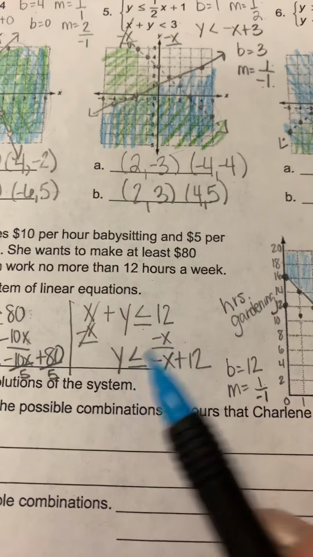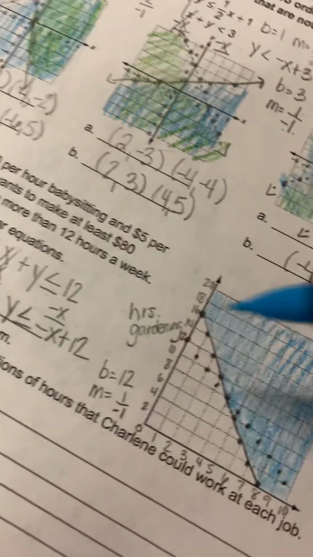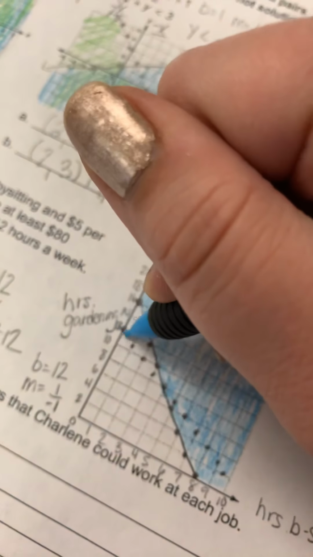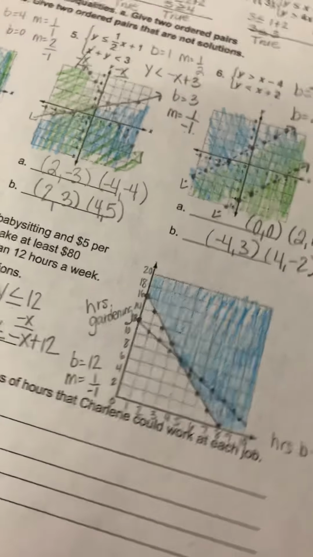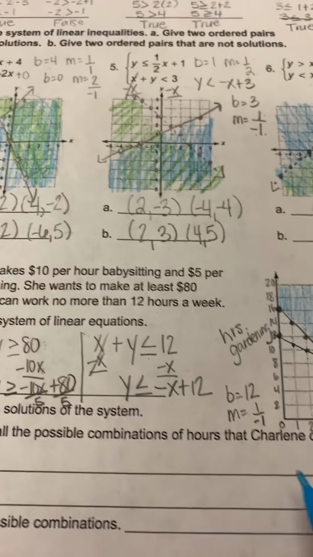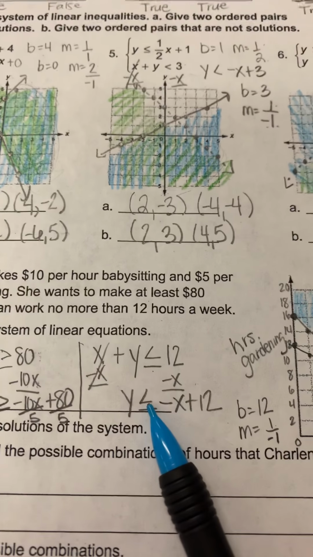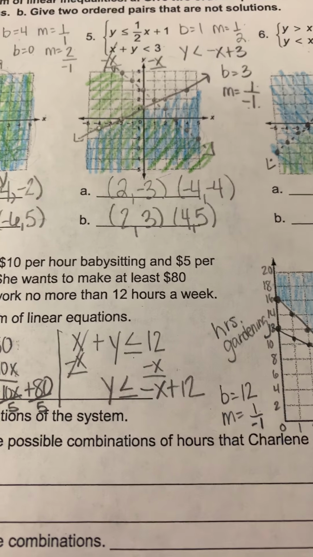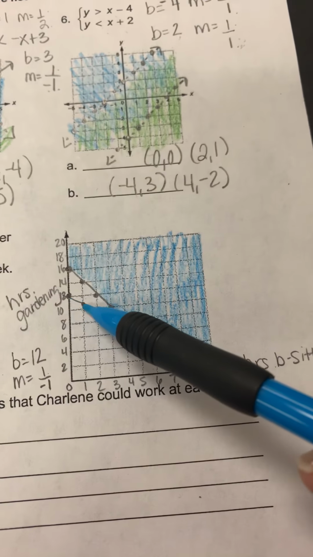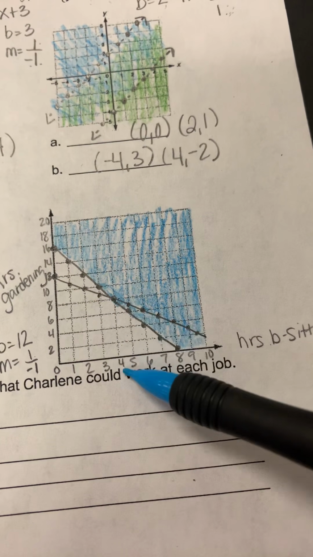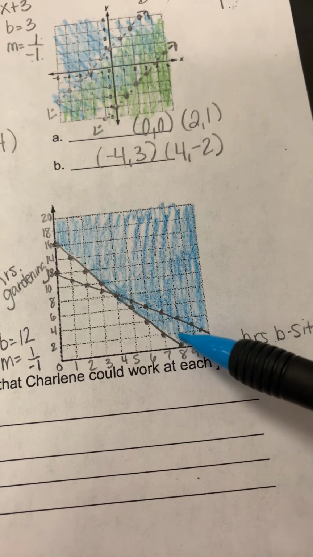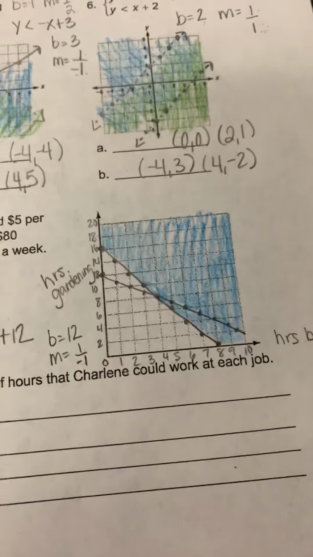Okay, and then draw that line, and again, that will be a solid line as well. And this is less than this line. So less than this line would be everything down below, including right inside of here.